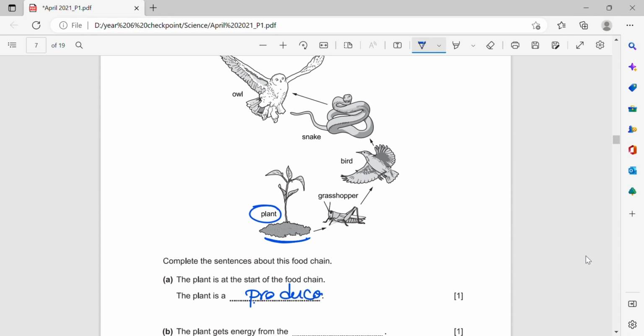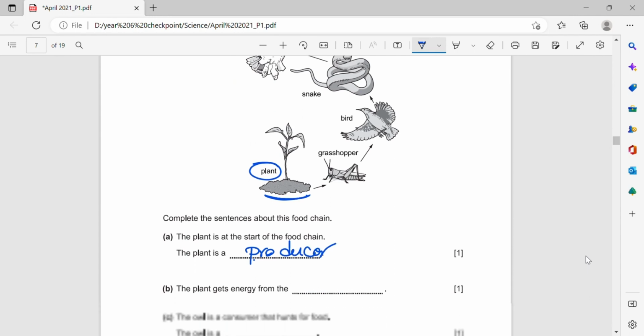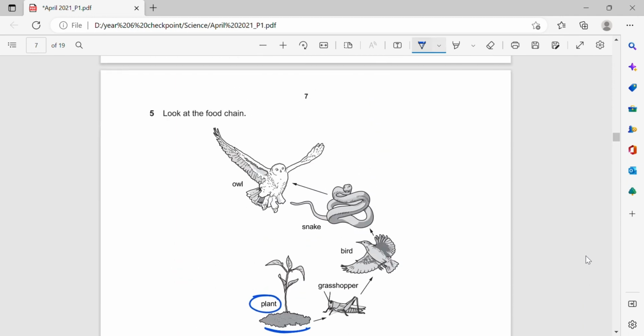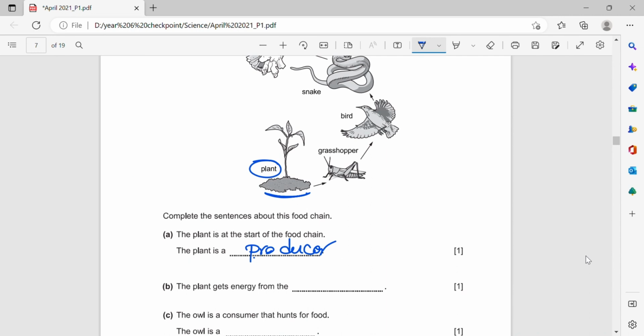Very easy question. From where does the plant get the energy? Great, from the sun. So the plant gets the energy from the sun, or if you write the sunlight, both are correct.